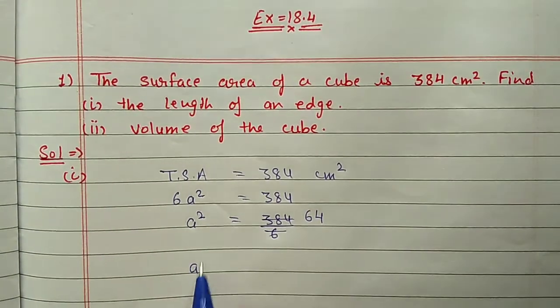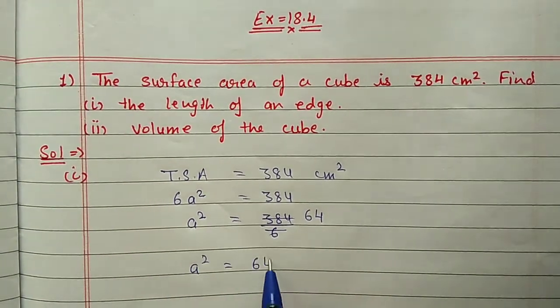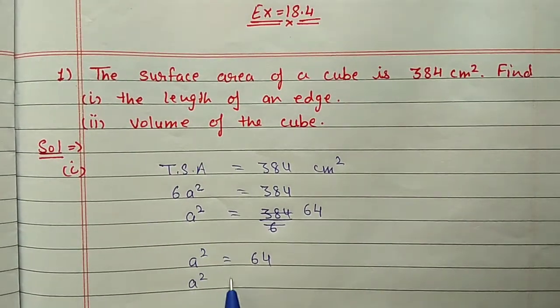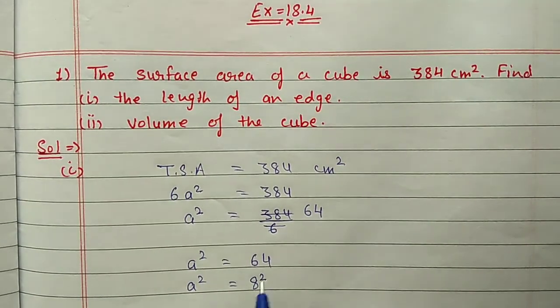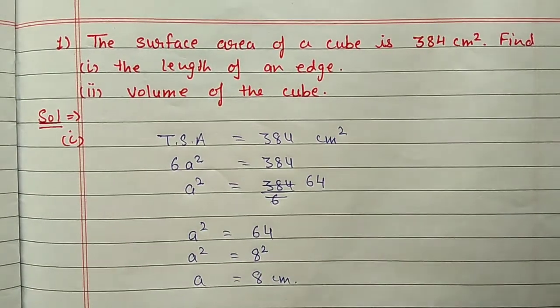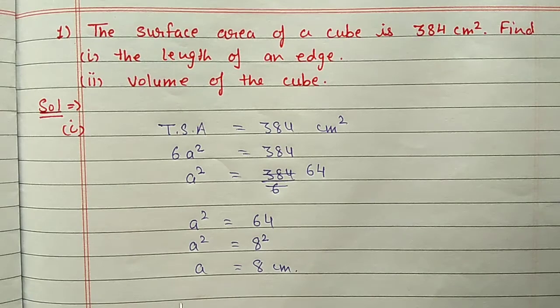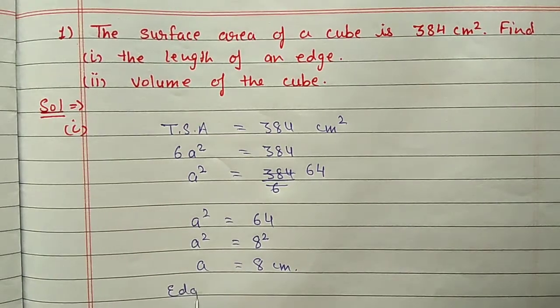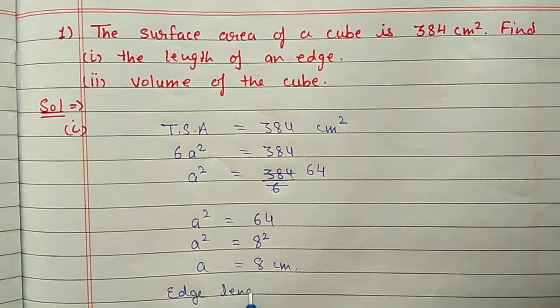So we have a square is equal to 64, which we can write as 8 square. After cancelling the power we get a is 8 centimeter. It means each edge is 8 centimeter.